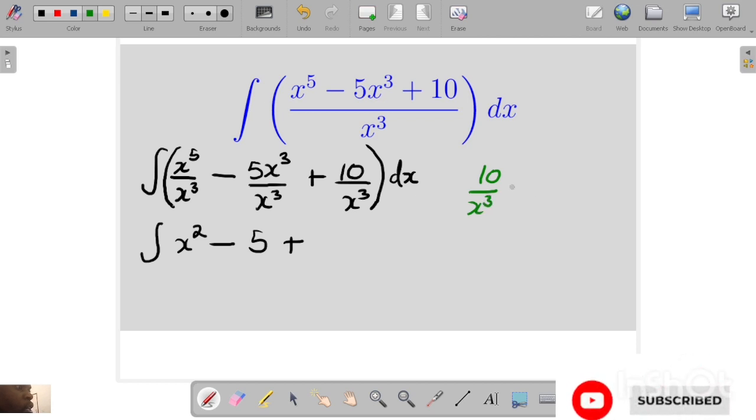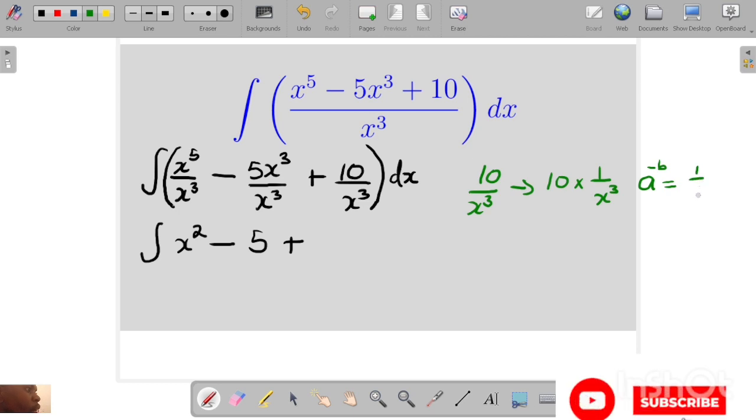x to the third, which is the same as 10 times 1 over x to the third. Now, by the laws of indices, if you have a base a raised to the power negative b, then this can be written as 1 over a to the power positive b.